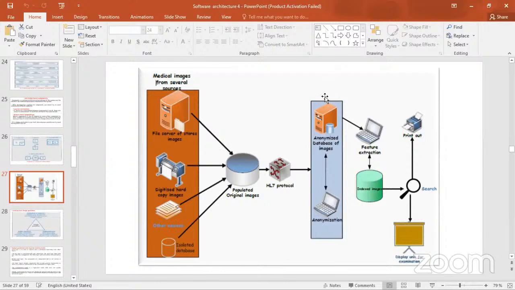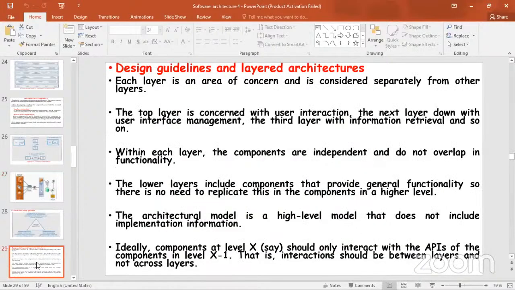So we cannot be introducing data acquisition here again, because once we get data here, the data is pre-processed. The data getting here is different from the data we have gotten here.